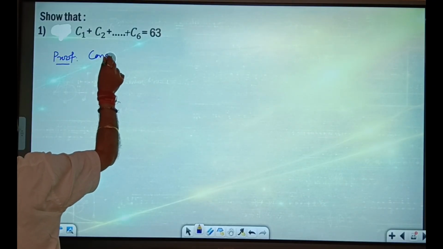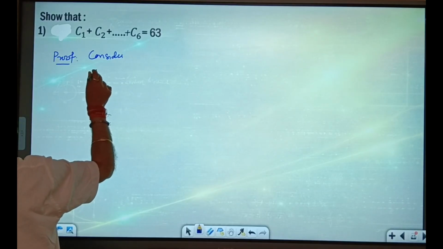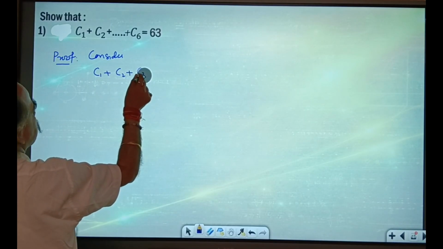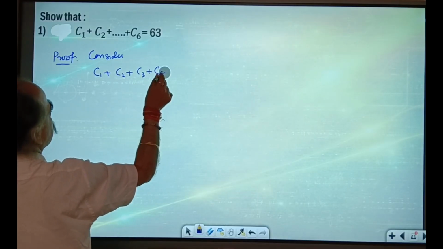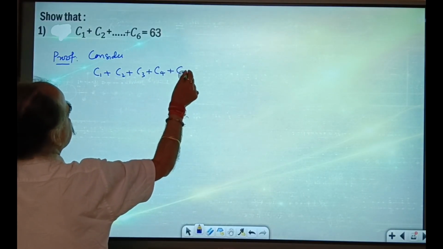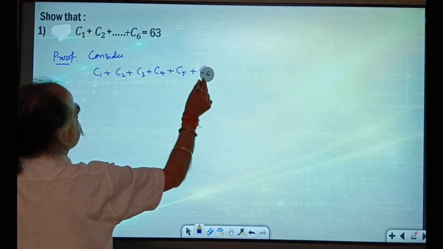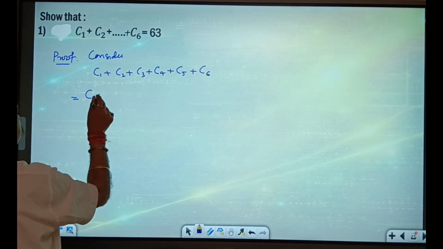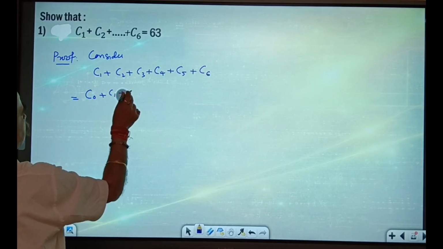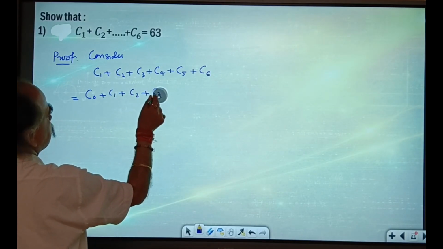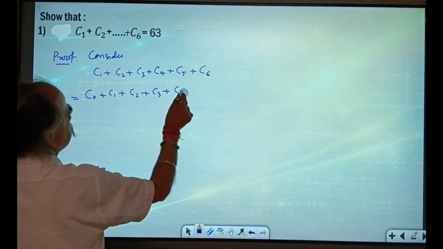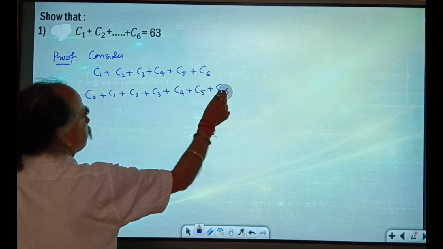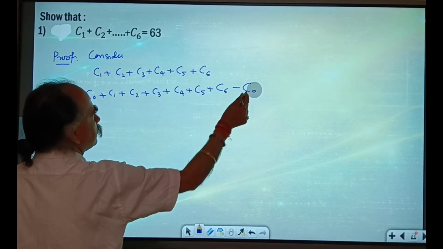Consider C1 plus C2 plus C3 plus C4 plus C5 plus C6. This can be written as C0 plus C1 plus C2 plus C3 plus C4 plus C5 plus C6 minus C0.